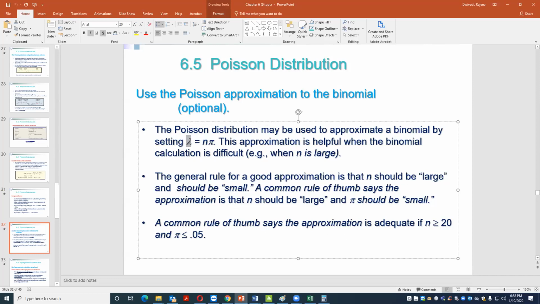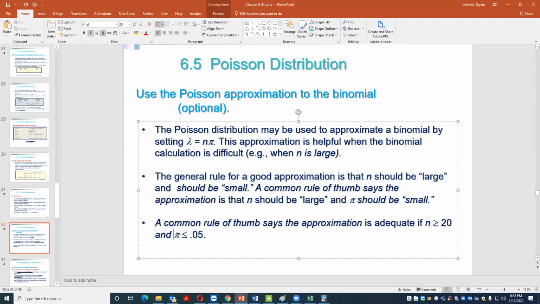So in which condition can we use this? A common rule of thumb says that for the approximation to be good, n should be large and pi should be small.